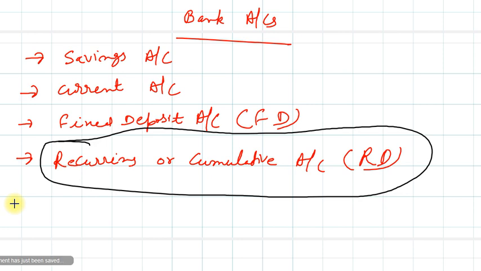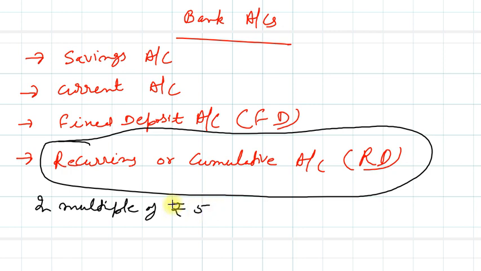Under this account, an investor has to deposit a fixed amount in multiples of rupees 5 every month for a specified number of months.